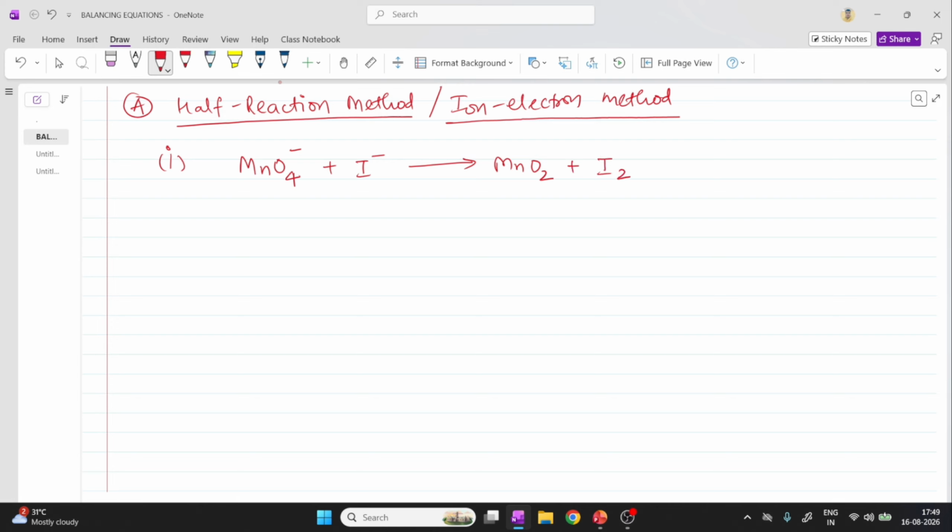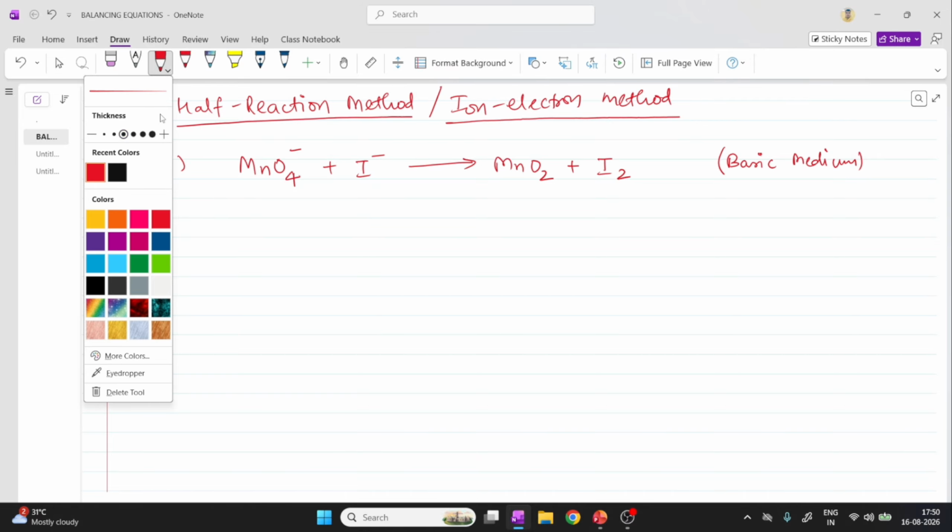Whenever we balance redox reactions, generally a medium is given. Suppose in this question it is given that we have to balance this equation in basic medium. This medium is required in the fifth or sixth step of the reaction. Whenever we are balancing in basic medium, we have to take base, which is OH minus, for balancing, and whenever it is written acidic medium, we have to take H plus for balancing ions or charges.